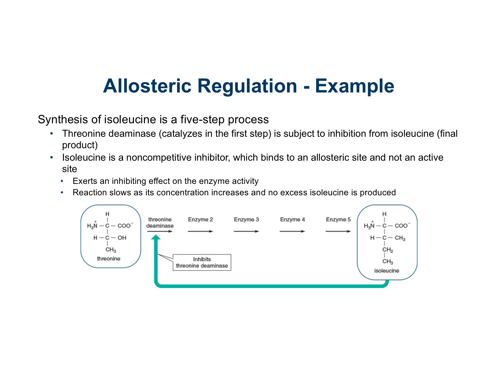And what happens here is isoleucine will act as an inhibitor for this process. Now, the structures of isoleucine and threonine are quite different, so isoleucine here is not a competitive inhibitor.